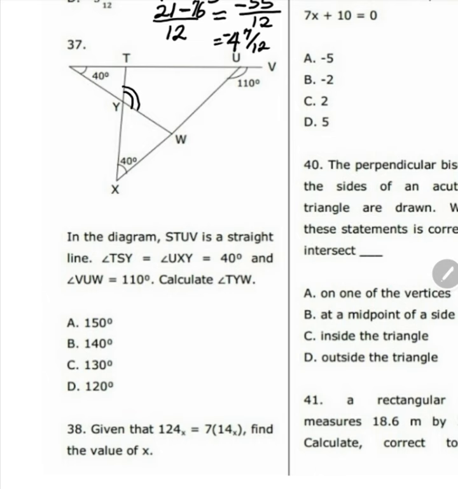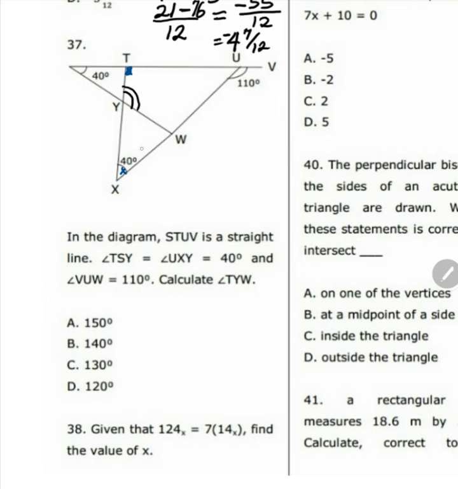Alright, considering the triangle TXV, angle VUW is exterior to the triangle there. So the angle is equal to the sum of the opposite interior angles.